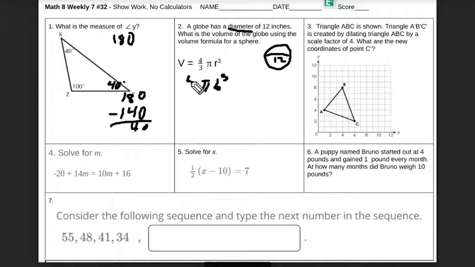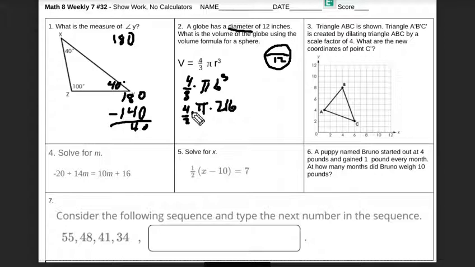And we need to do times 4/3. Okay, so 6 times 6 times 6. Well, we're basically going to do 36 times 6. Okay, 36 times 6 is 216. And we have to multiply it times pi, and we have to multiply it by 4/3.